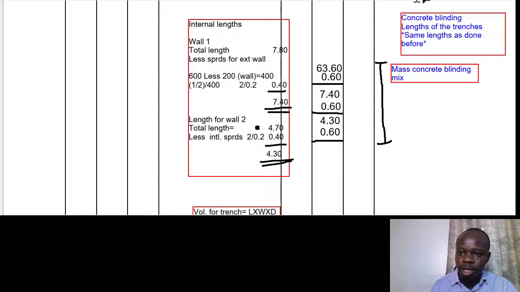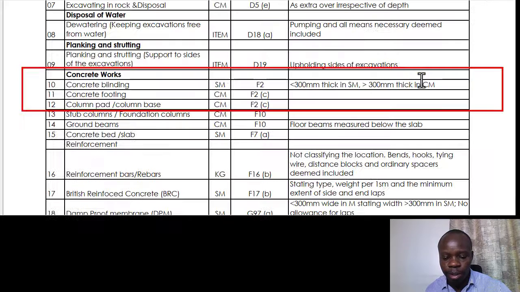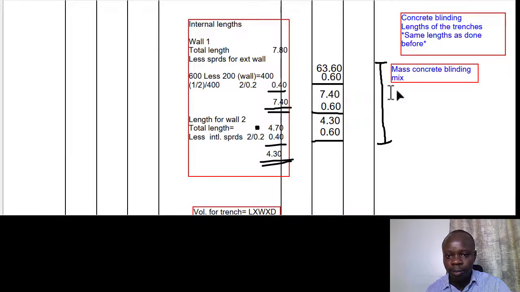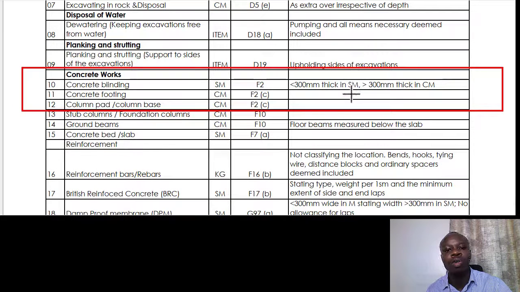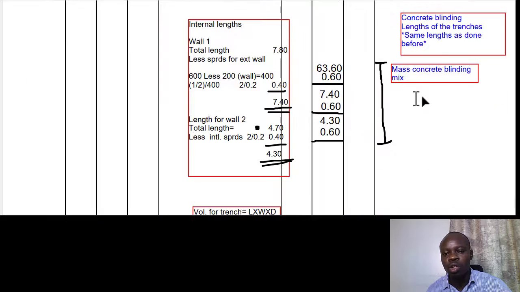Mix would be whatever that is provided, so you can talk mix. Okay, yes, so having noted that, we've just done the blinding. Of course, now the next part is for you to take into consideration the mix of the concrete that you're applying, and of course taking note as well of the provision of the rules. This is basically just stating in square meters and so on.